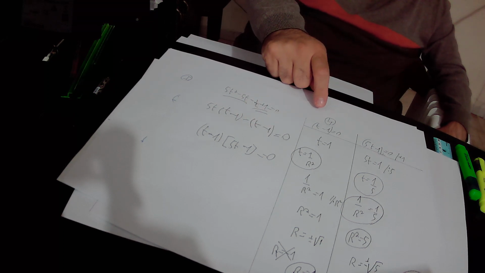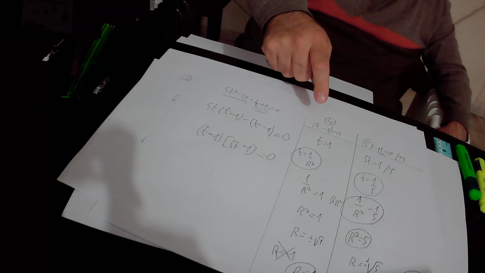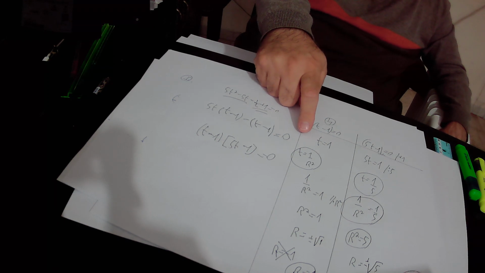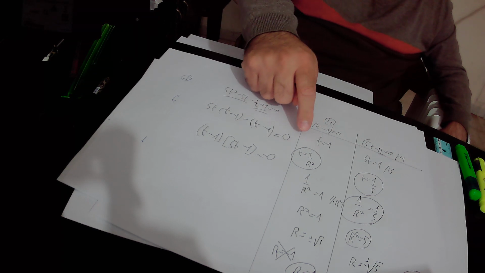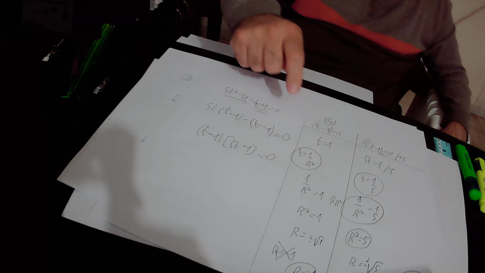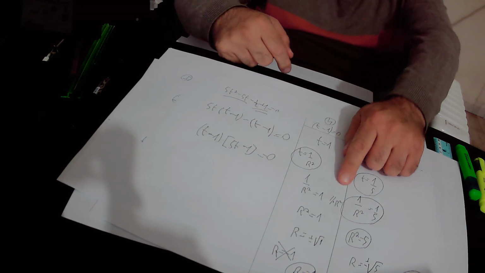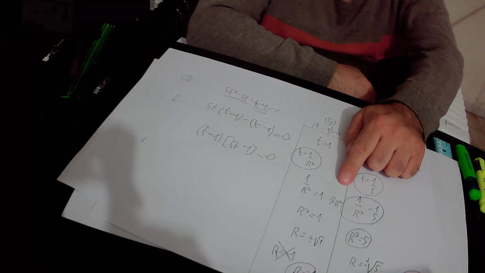So according to the first solution, t minus 1 equals 0, that is to say t equals 1, and according to our definition t equals 1 over r squared, so we substitute t by 1 over r squared in this equation, and found out that 1 over r squared equals 1. Then we multiplied this equation by r squared, and we found out that r squared equals 1.